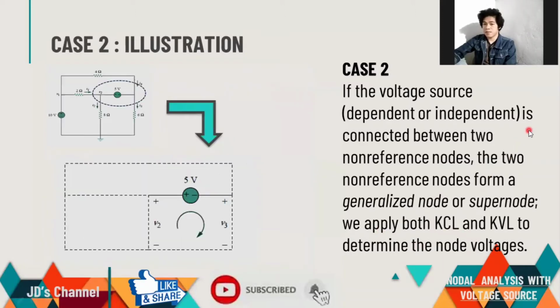Okay, so ito yung illustration nating class. Pag tayo nag-KVL kasi, yun lang part na yun ang i-enclose natin. Two non-reference nodes form a generalized node or supernode. So we apply both KCL and KVL to determine the node voltages.